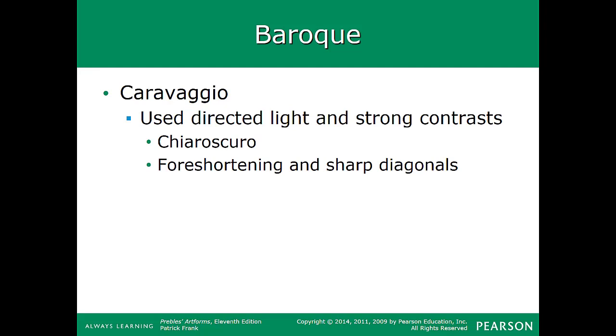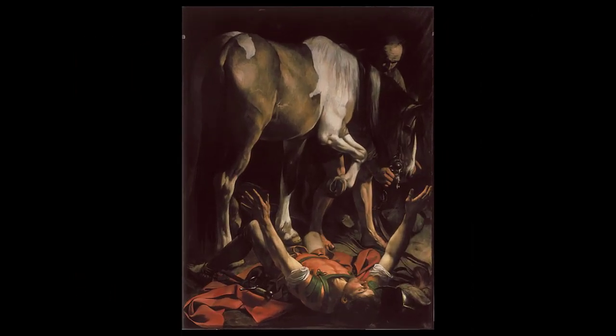So foreshortening is a way to portray shape or human form in a different diagonal that is a little bit more exaggerated, a little bit more dramatic, and it's probably easier to describe when we look at it. So keep foreshortening in mind. These are things that I will be asking you about when it comes to defining the Baroque period.